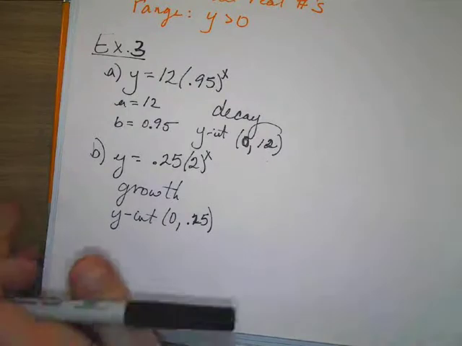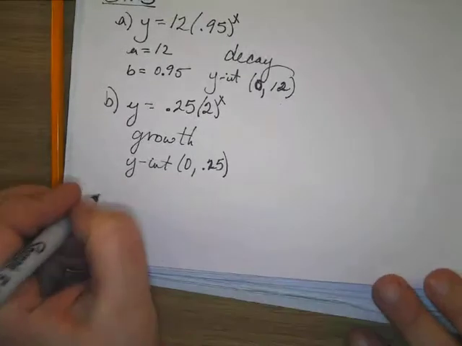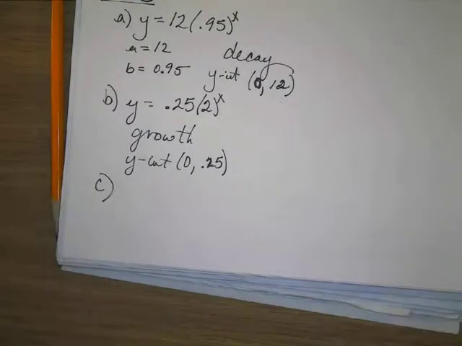Now C, it's a story problem. It says you start a college savings fund and you start with $1,000. And the account pays 5% interest annually. So, is that going to be a growth or a decay? It's a growth, because we get to start with 100% of it, but then what do we add? 5%.